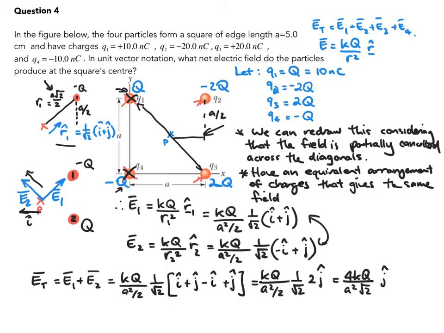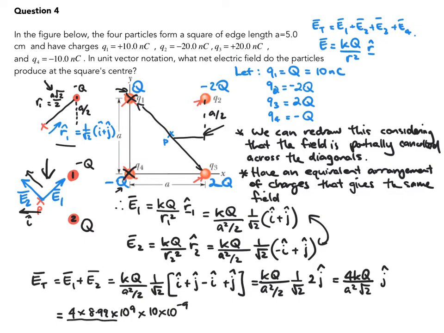Beautiful. So that makes sense because if you look at this distribution of charges here, then we should have an electric field that's pointing only in the j direction because the E2 and E1 cancel out in the x direction, as you can see from that diagram. So now we can put in some values. 4 times 8.99 by 10 to the 9 times q, which is 10 by 10 to the minus 9. And we've got a squared on the bottom. We know what this is.